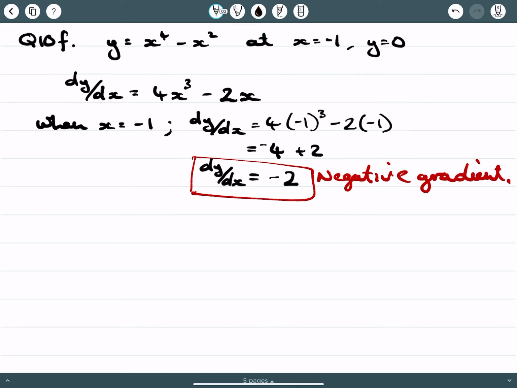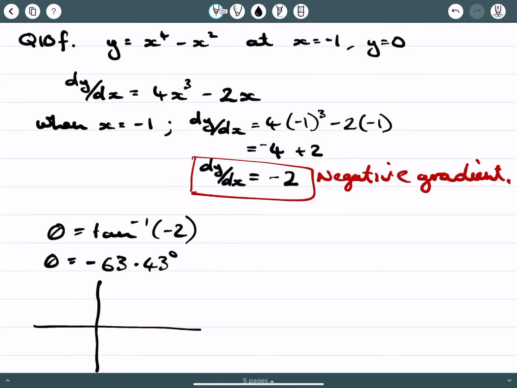So we're going to apply the same rule, tan inverse negative 2, and we get this angle negative 63.43 degrees. Now a graphic is always handy. We'll always say that a graphic is really handy, and that 63.43 degrees is there.